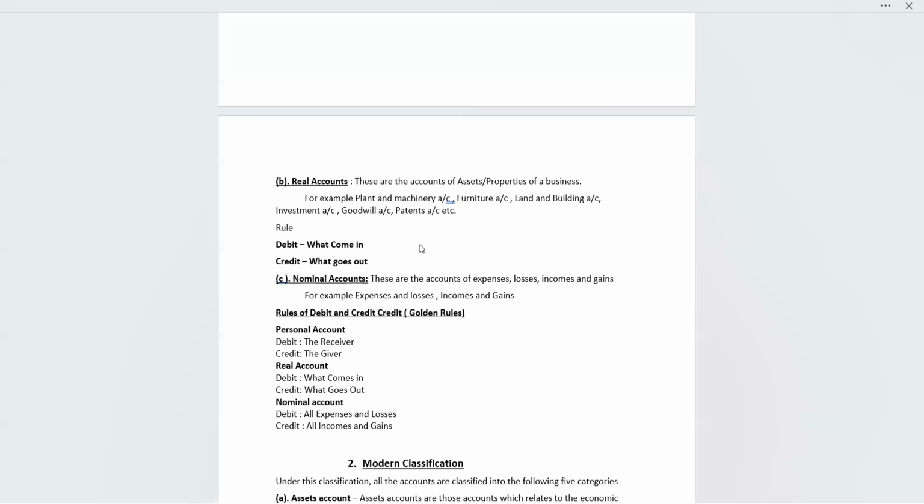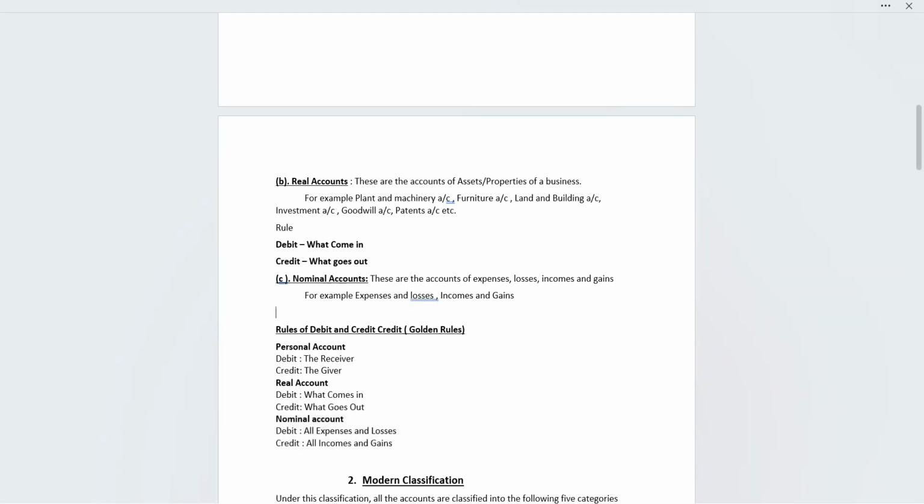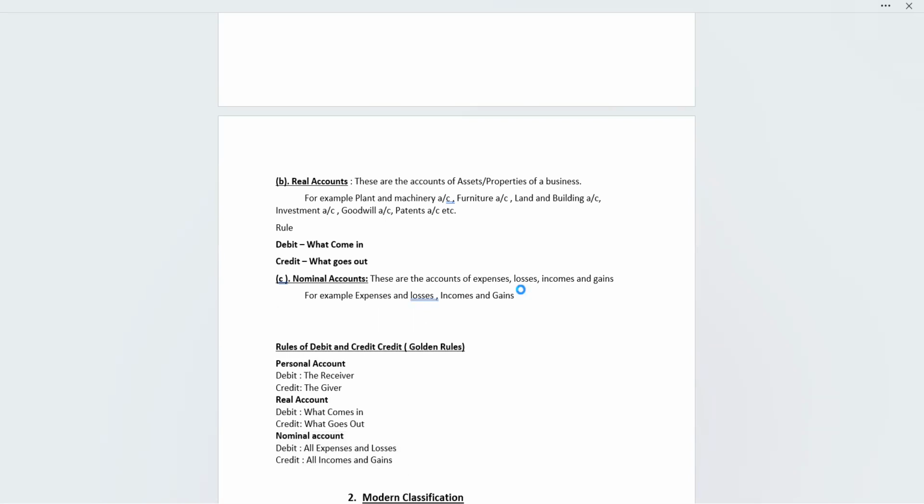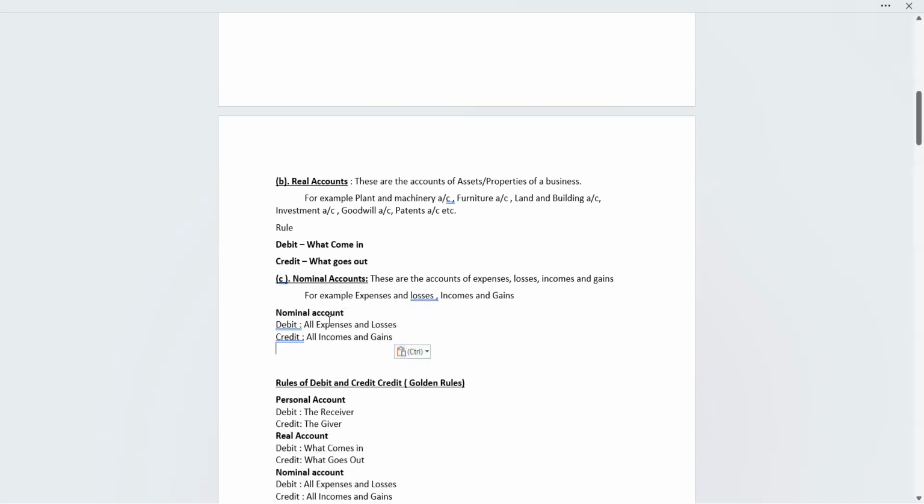Nominal account explains debit all expenses and losses, credit all incomes and gains. Which rule is explaining? Nominal rule. Debit all expenses and losses, which side do you enter? Debit side. Credit all incomes and gains, which side? Credit side.